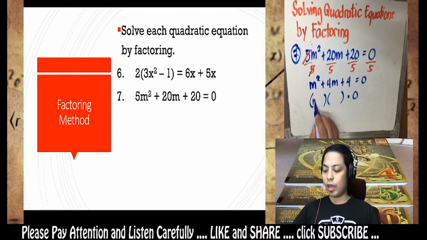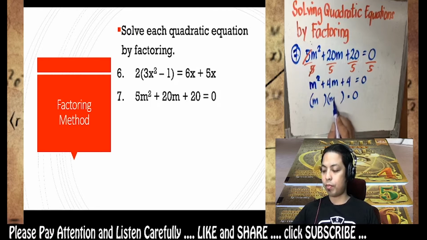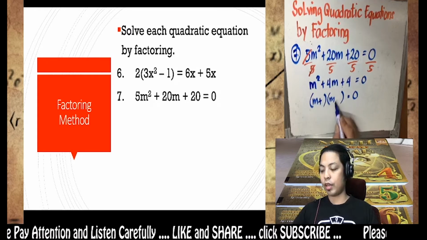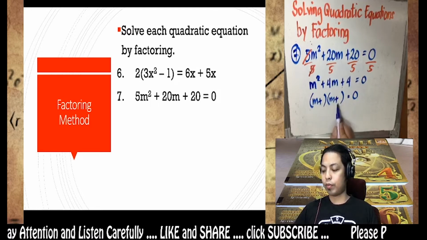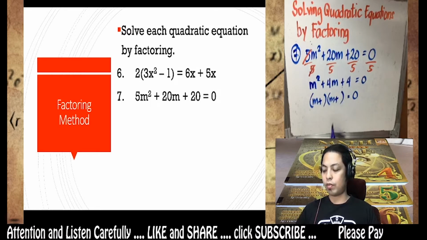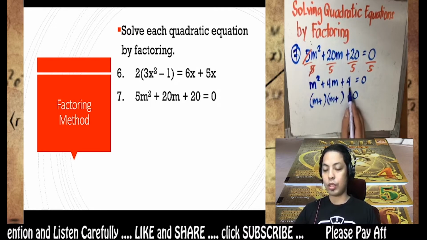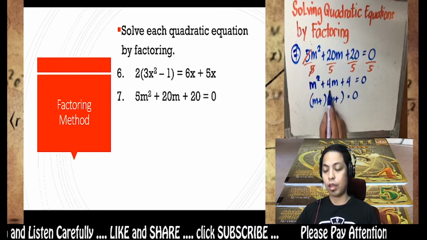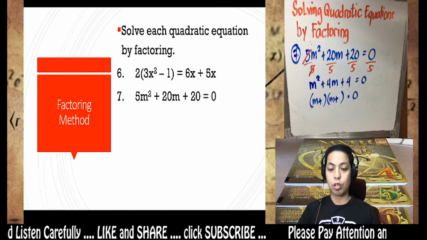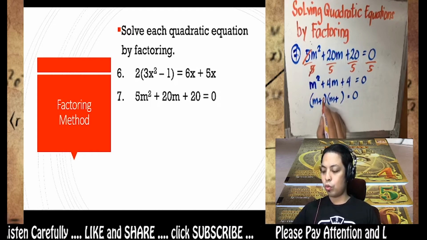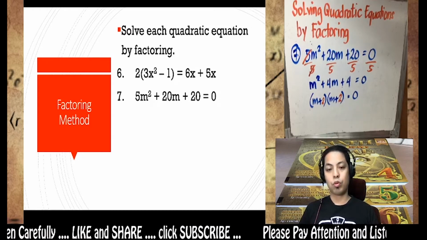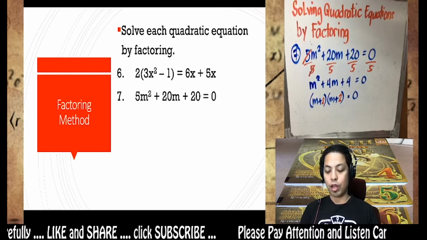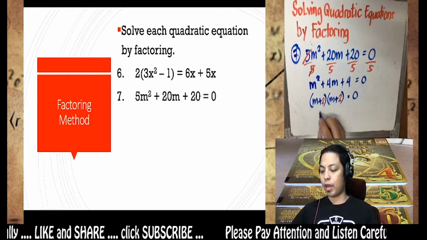So we have m, plus and a plus. We won't do anything else but copy, since they are plus. Positive times positive is positive. The factors of 4 that can add or subtract to give 4 are 2 and 2. We notice they are the same, so that is a square of a binomial.